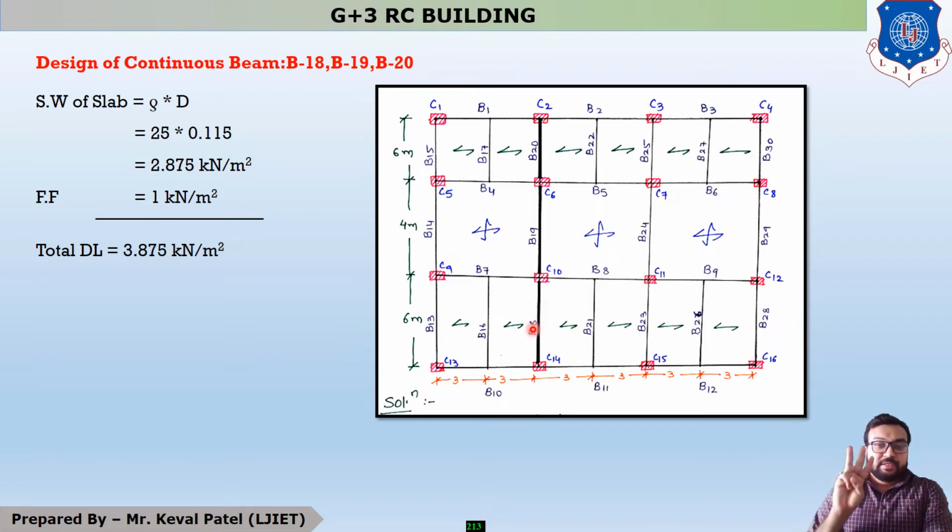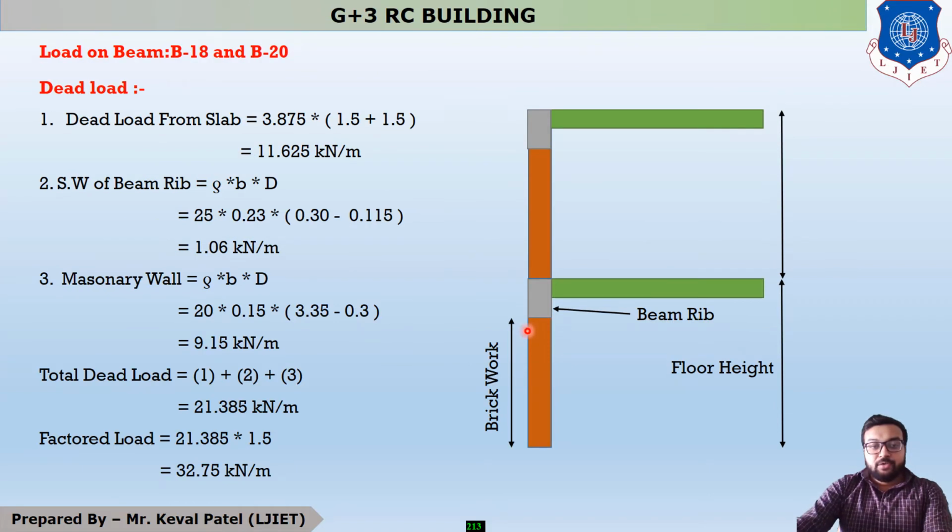So the total 3 meters load span is taken on beam B18. So the dead load from slab is equal to 3.875 into 1.5 plus 1.5. It means 1.5 from the left side and 1.5 from the right side. So the total dead load from slab is equal to 11.625 kilonewton per meter.